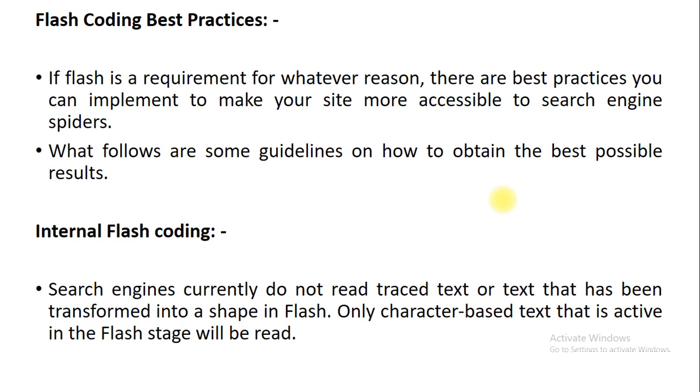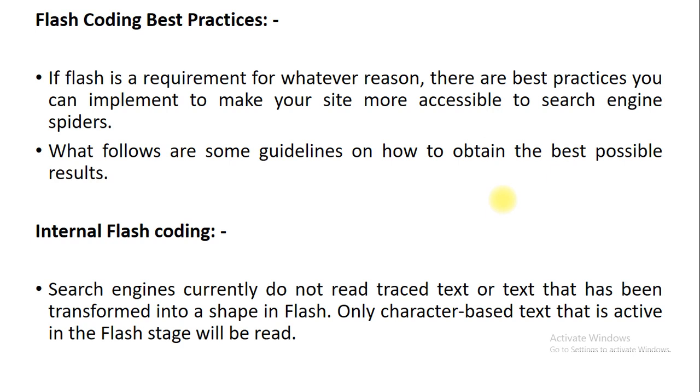Next is internal Flash coding. Search engines currently do not read traced text or text that has been transformed into shapes in the Flash file. Only character based text that is active on the Flash stage will be read.